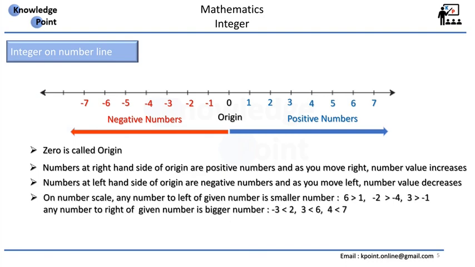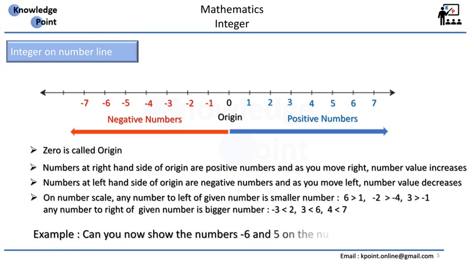On number scale, any number to the left of a given number is a smaller number. Any number to the right of a given number is a bigger number. You can see it here. This is one example. Can you show the numbers -6 and 5 on a number line?